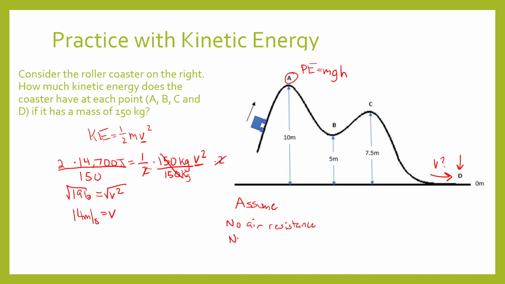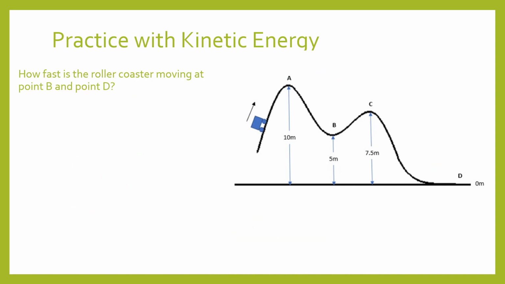We're assuming that there's no friction. And by making these two assumptions, we can determine the answer. Now, if we were to put this on a real roller coaster, it's going to be slightly smaller because there is air resistance and friction. But realistically, the difference is so small that we can do it this way and not have to worry too much about it.